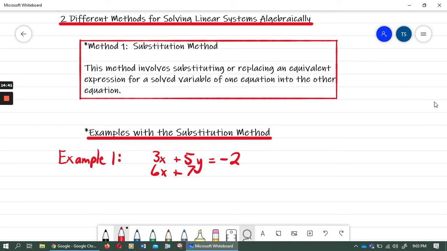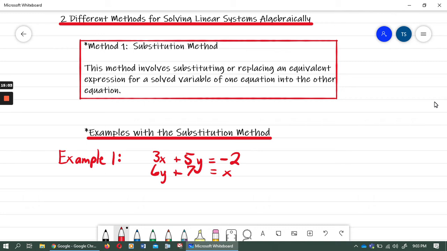Oops, my bad. That's 6y plus 7 equals x. All right, so let's say we had those two equations there as our system, and we wanted to solve it by substituting.